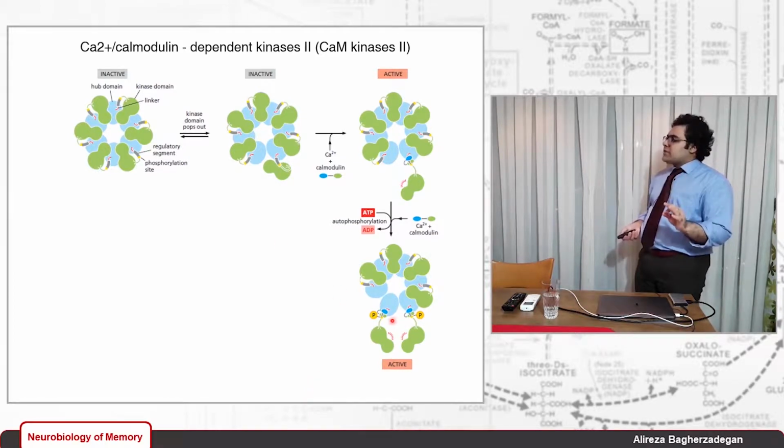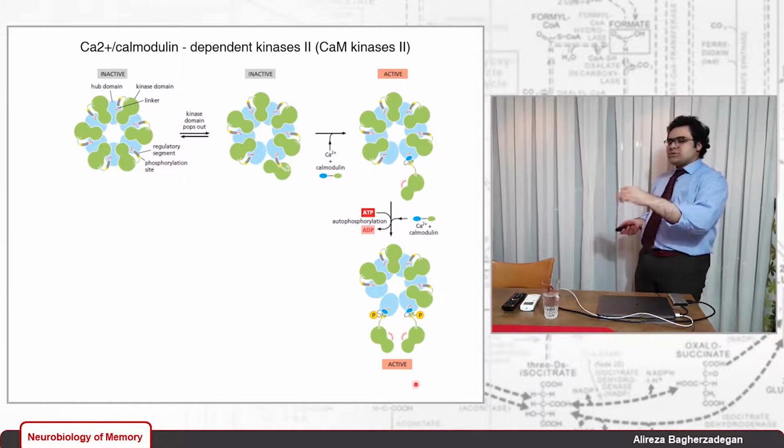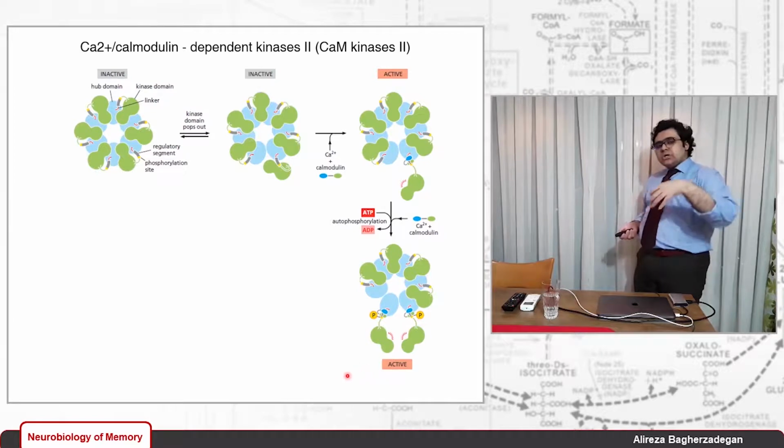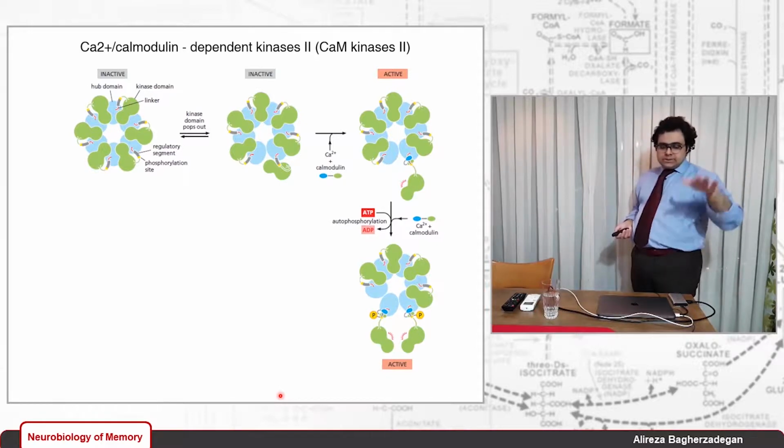And the way it does that is first by trapping the calcium calmodulin in place, and by doing this, it prolongs the active state of CaM-kinase II. And this calcium calmodulin stays there until the intracellular concentration of calcium is decreased.